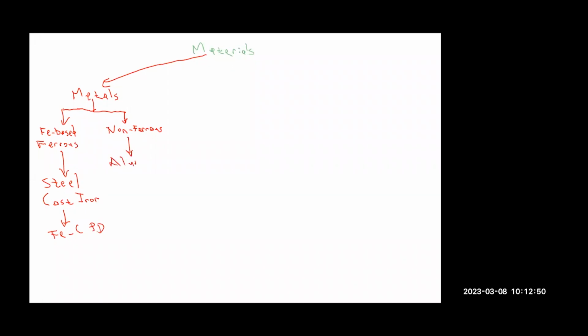Aluminum, copper, titanium, tungsten, tin. What else do we have? We have several, right? You can add niobium, zirconium, etc.